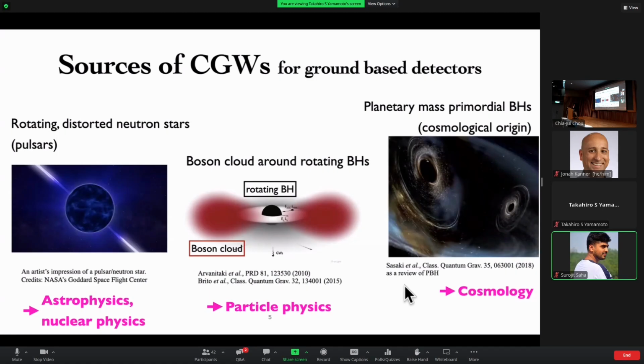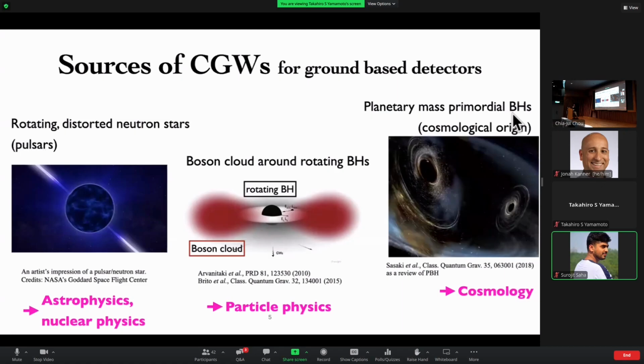But in theory, there is another possible scenario to form black holes. It is a cosmological origin. The black holes having a cosmological origin are called primordial black holes.